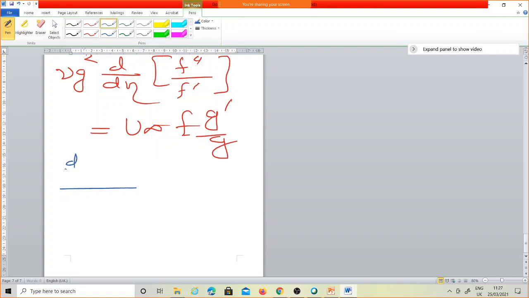So what we do, d del eta f double prime by f prime divided by f. This f I just put it here, go down, should be equal to u infinity by mu, mu is constant actually, then we have g prime. You have g and you have g square, so it will become g cube.